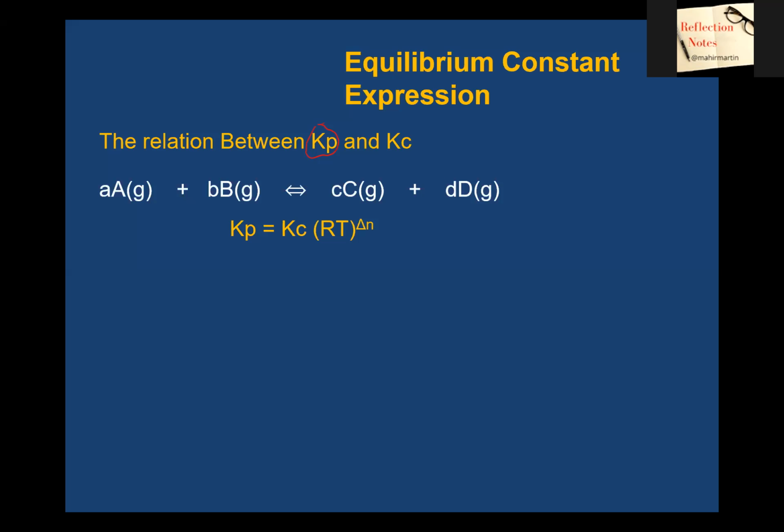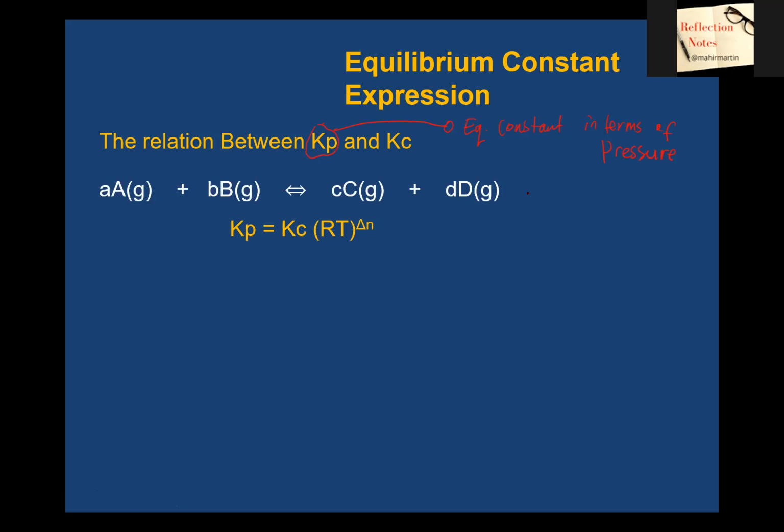If KC is the equilibrium constant in terms of concentration, Kp is the equilibrium constant in terms of pressure.